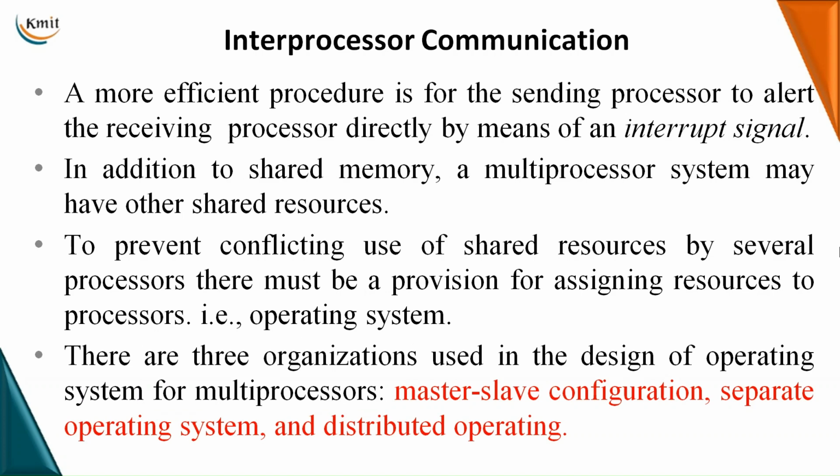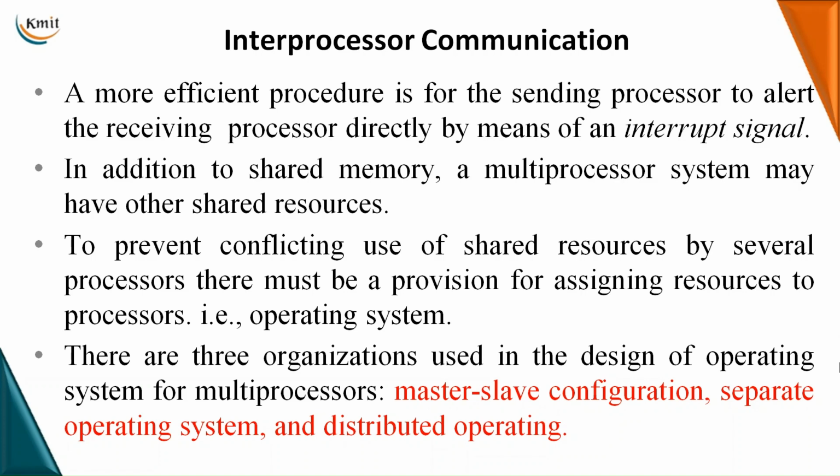There are three types of organizations used in the design of an operating system, especially a multiprocessor operating system, that implement efficient interprocessor communication and synchronization between the processors. The three organizations are the master slave configuration, separate operating system, and distributed operating system.